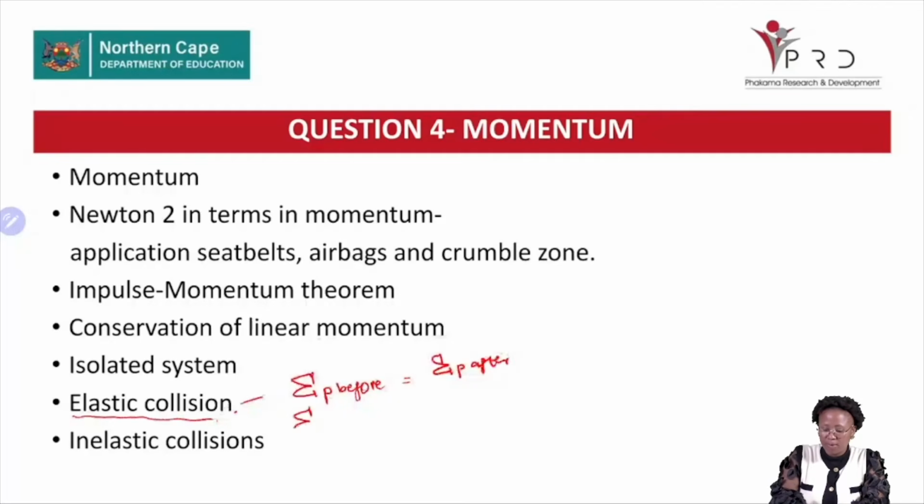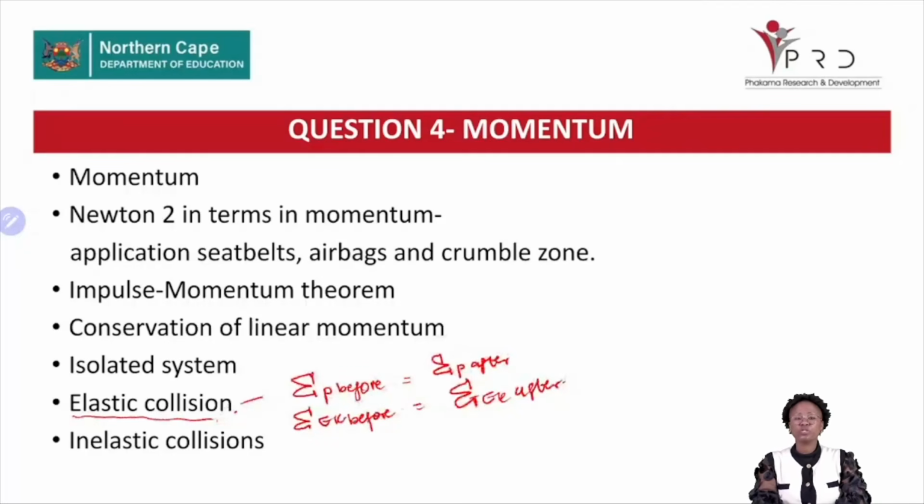Also, the sum of EK, kinetic energy, before collision is equal to the sum of EK after the collision. However, please make sure that when you do your calculations, when you prove if the collision is elastic or inelastic, remember you need to calculate your kinetic energy separately.